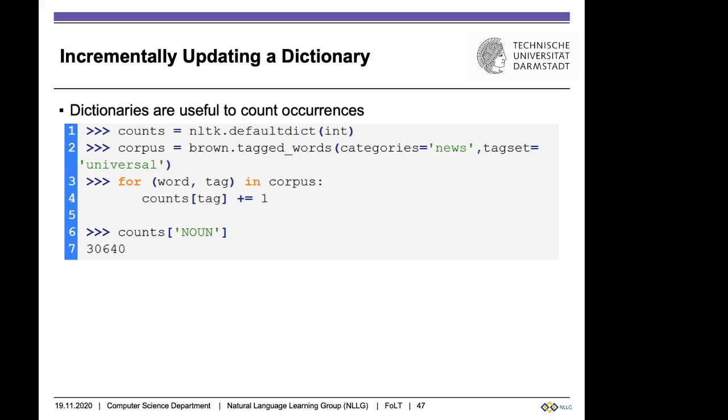Then we create a count dictionary, where we map a zero count to every single part of speech tag in the corpus. And then we iterate over all the words and the tags. Then if we find the tag in the text corpus, we will update the counter. After that, we can access our particular counters by their tags.